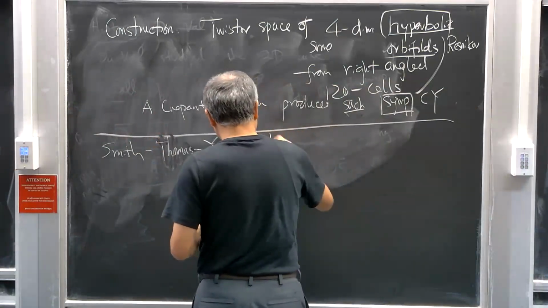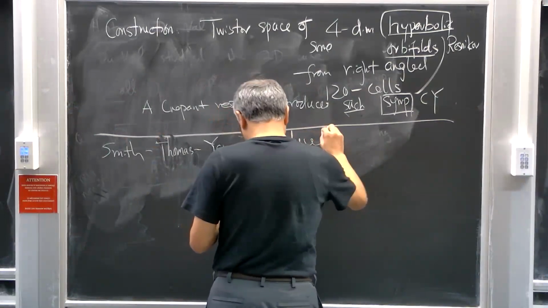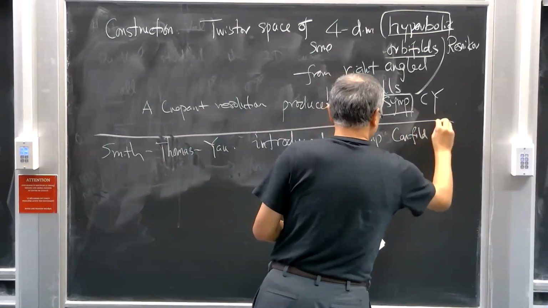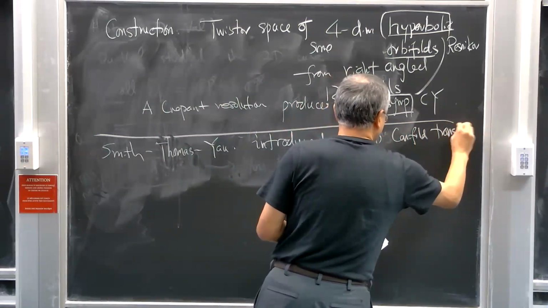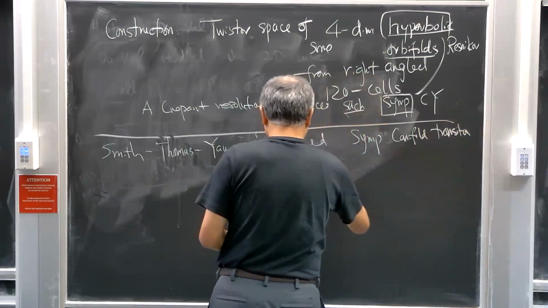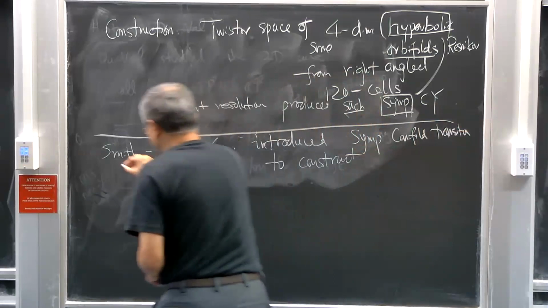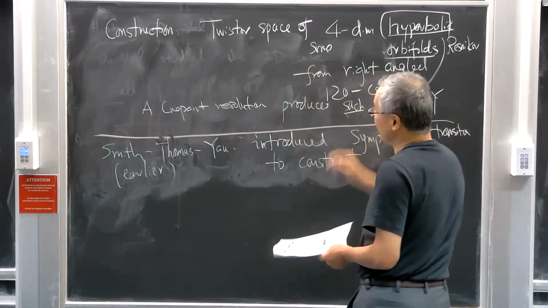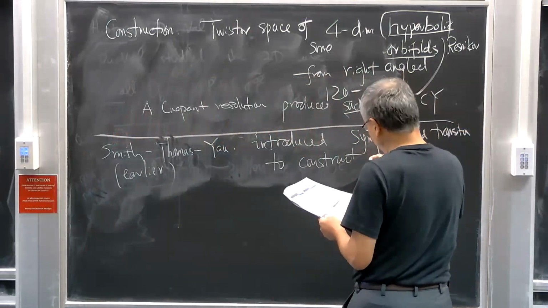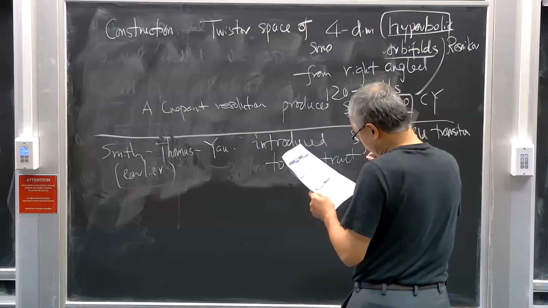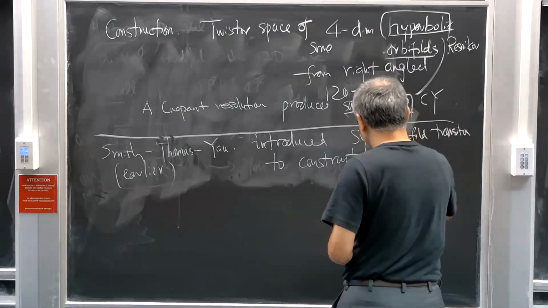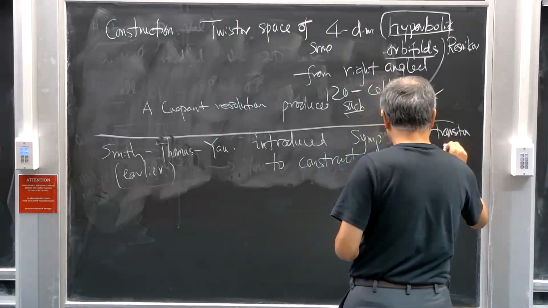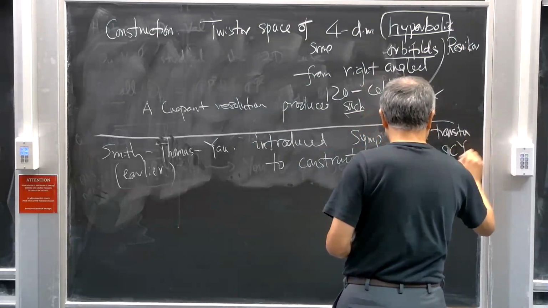They introduced this, like earlier. Well, I mean, it was still an open question at the time to construct non-Kähler symplectic Calabi-Yau 6.